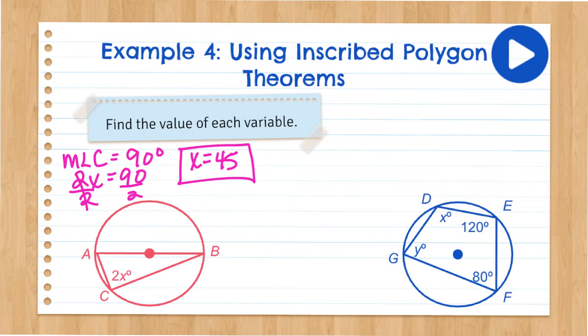Now let's move on to the blue circle. We can see that quadrilateral DEFG is inscribed in the circle because all of its vertices fall on the circle. So we know that opposite angles are supplementary.